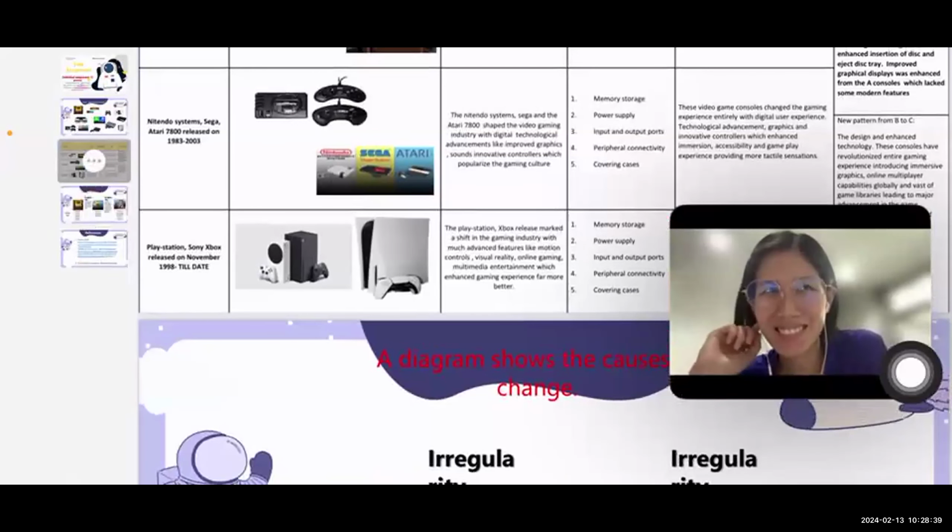Is there any additional common thread, for example only in pattern 2, Nintendo system, Sega? Is there anything added on to the first one? Additional common threads, I mean, only in the second pattern. Yeah, there is.